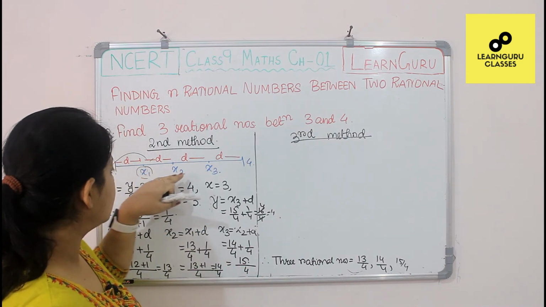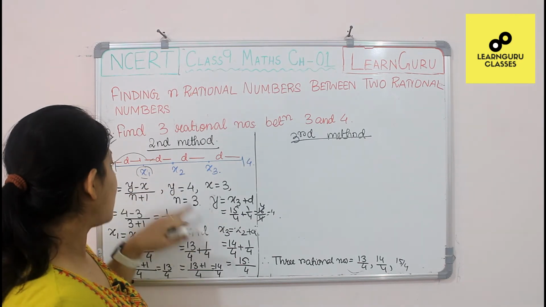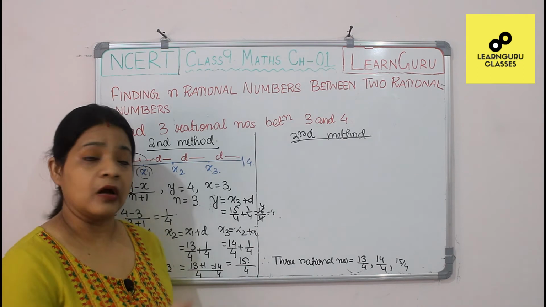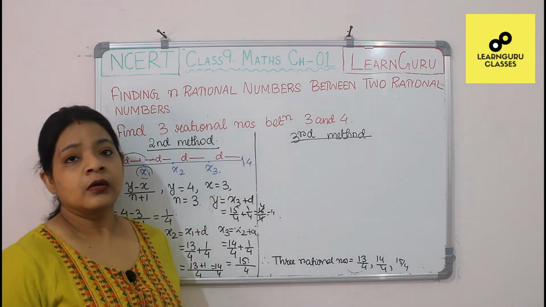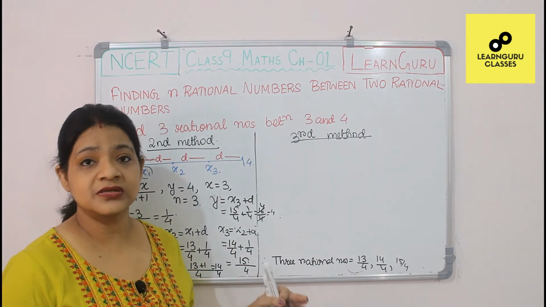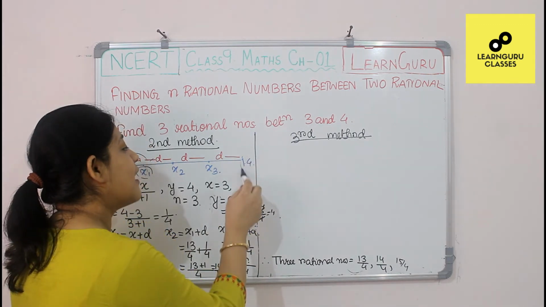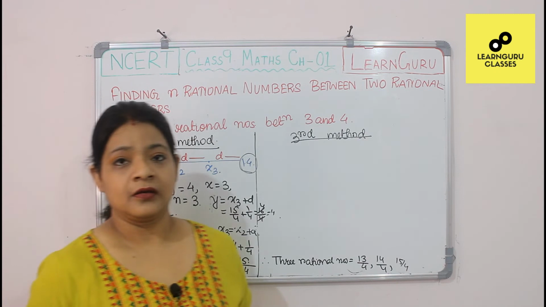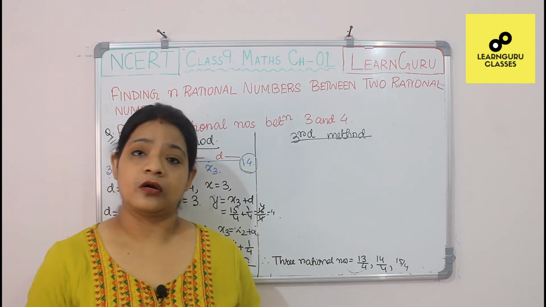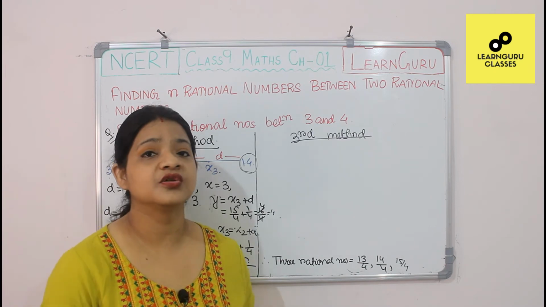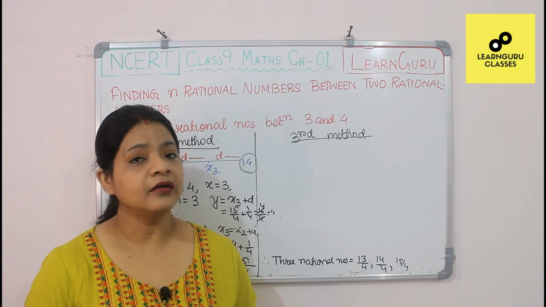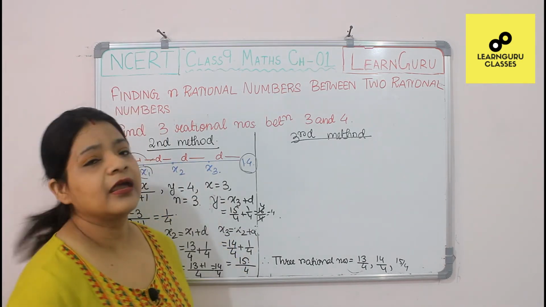Here you have added 3 times: x1 you have found out, x2 you have found out, x3 you have found out. But the fourth value, that is the final value, if all your calculations are correct, you will get the final answer. So from that you can judge whether your calculations are correct or not. Understood? So this is the second method.